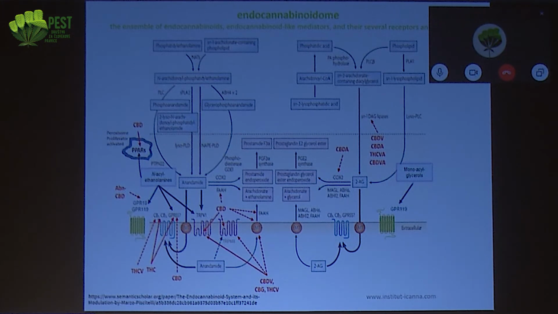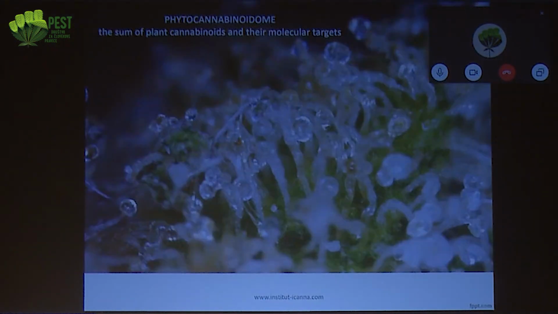We just need to keep in mind that the more we study, the more complexity we see. But even with all of this complexity, the plants seem to have it all figured out, because the sum of all of the plant cannabinoids, terpenes, and all of the 1,000+ molecules that Cannabis sativa has plays in very nicely with the complexity of our endocannabinoid system.